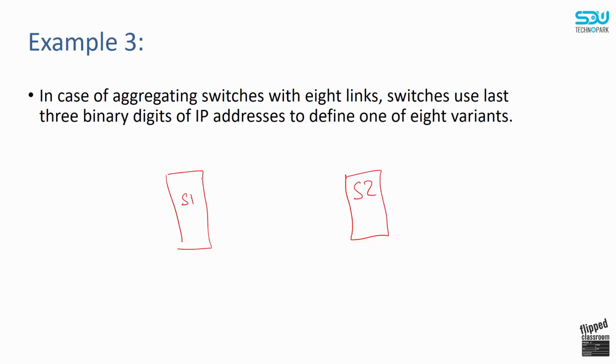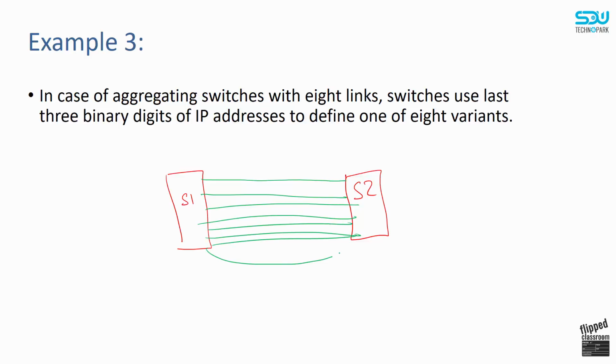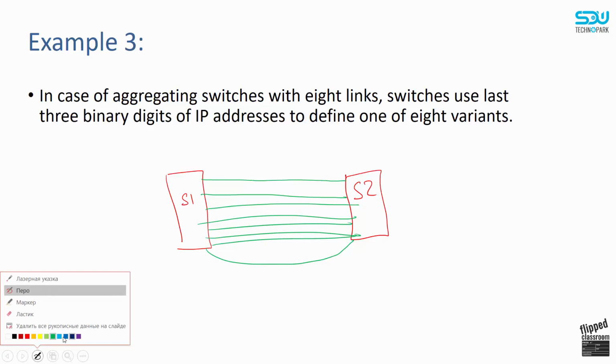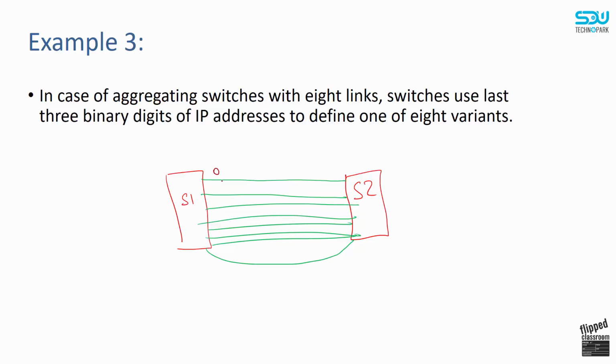It's going to be link number 1, link number 2, 3, 4, 5, 6, 7, and even 8, like this. Each link between these switches will have its own unique number, like 0, 1, 2, 3, 4, 5, 6, and 7. From 0 to 7, it gives us 8 combinations.